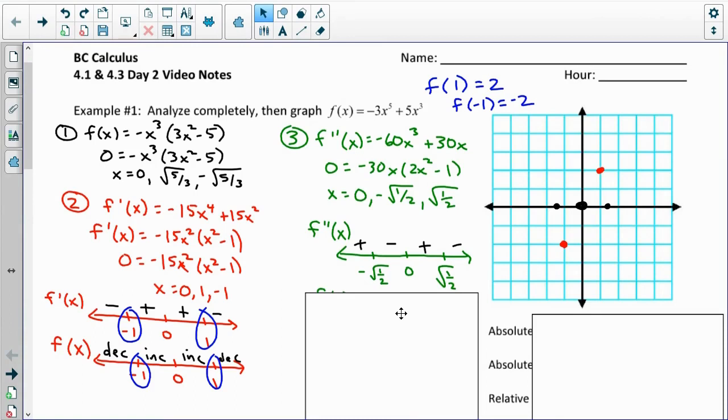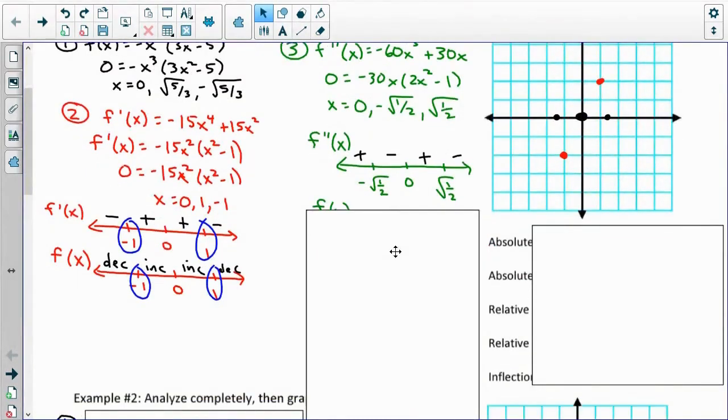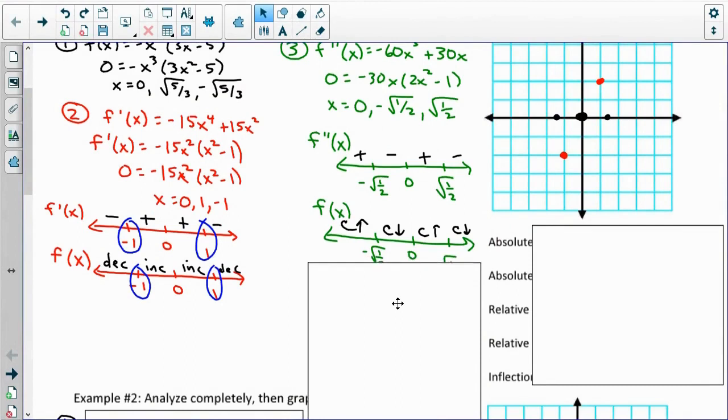So if I take a look at a sign chart, I get plus minus plus minus after I substitute in some values, and I'm just saving some time by doing that ahead of time. So that means my function is concave up to the left of negative root 1/2, and between 0 and root 1/2, and then it's concave down otherwise.